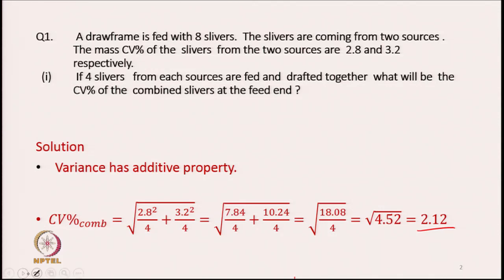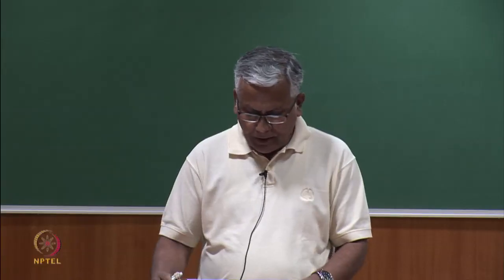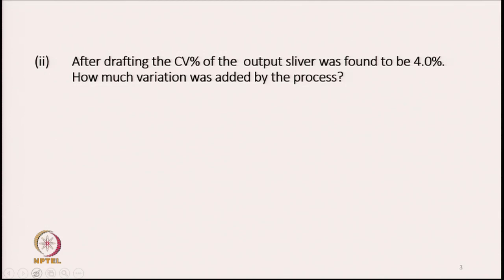Now, let us go to the next part of the problem. After drafting, the CV percentage of the output sliver was found to be 4%. Okay. So, though at the input point the combined CV was 2.12, at the output the sliver CV was found to be 4%.